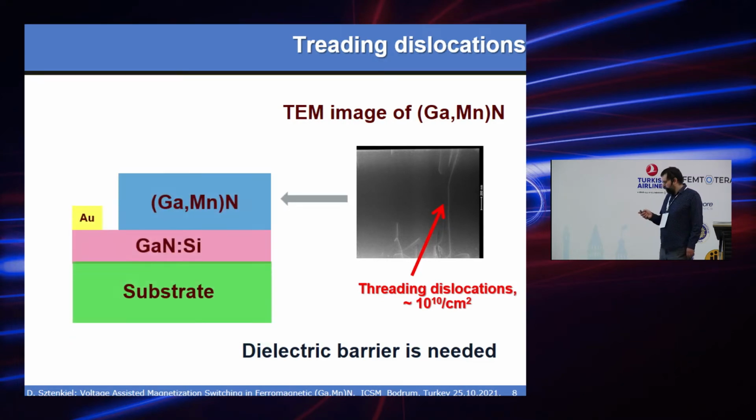So this is our structure after some preliminary processing. We have our magnetic layer grown on gallium nitride doped with silicon. This is the conducting layer, the substrate is sapphire, and we have gold contacts to this conducting layer.